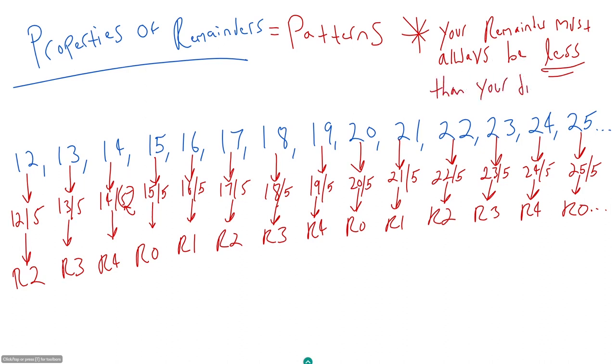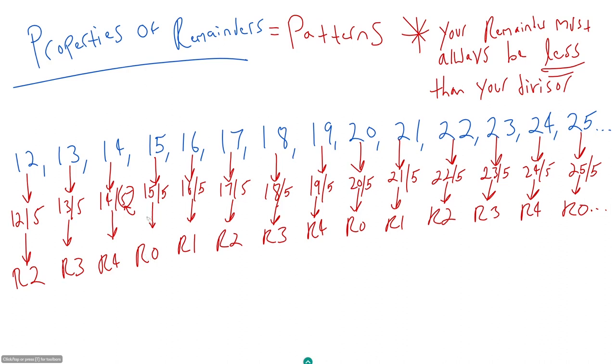Your divisor being the thing you are dividing by. If it could be equal to your remainder, then in this case you would say 15 over 5 could be 2 remainder 5. But of course, that is not the case, because your remainder must always be less than your divisor. And so once you get to 4, then your pattern has to reset.